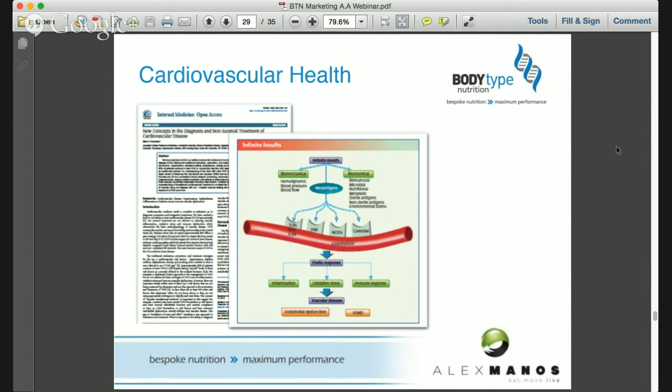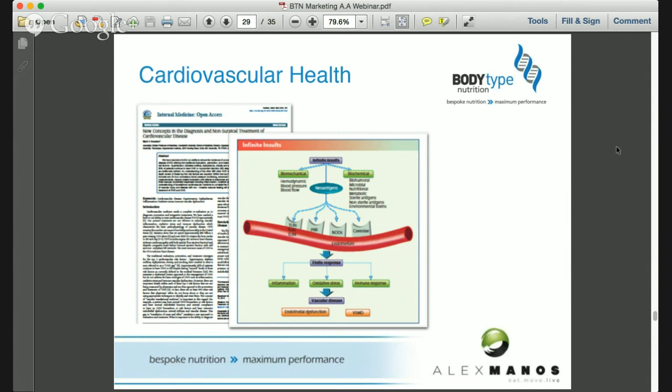The thing is, there's only a finite response from the endothelium: inflammation, oxidative stress, or an immune response. Those, or one of those 3, contributes to vascular disease. So when we think of supporting our clients with cardiovascular disease, we know that there's going to be at least one of those finite responses there.